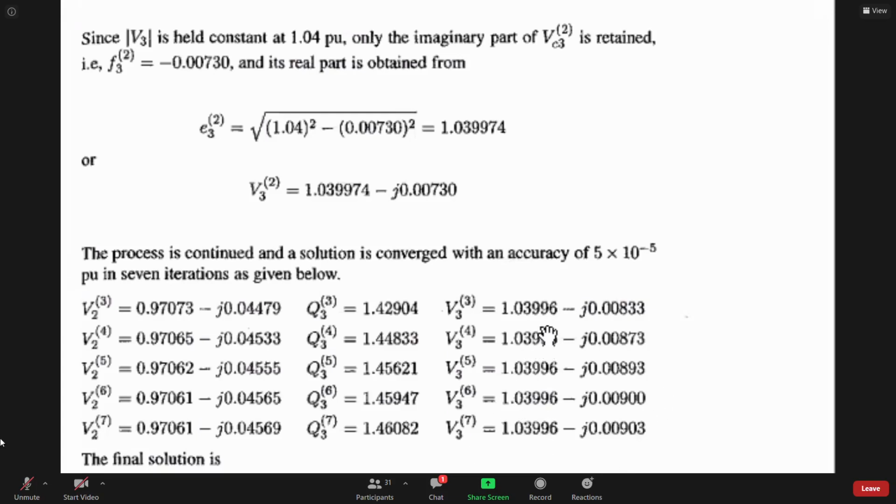The real part is fixed already, but for the imaginary part, you have to consider it.